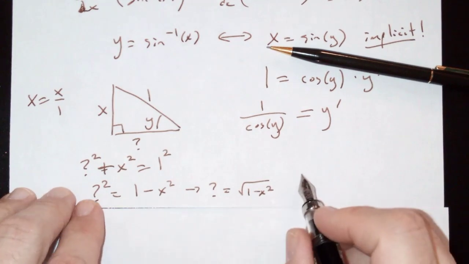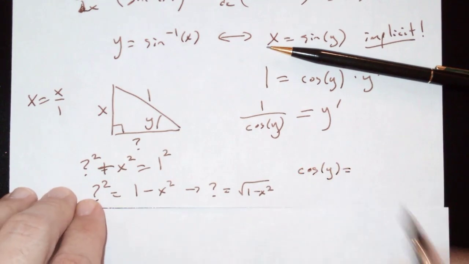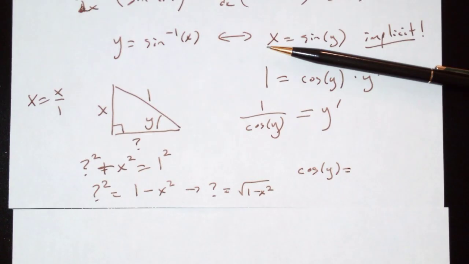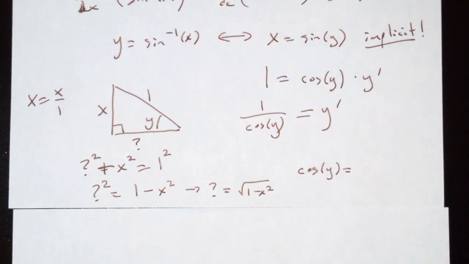According to this triangle, cosine of y is adjacent over hypotenuse.